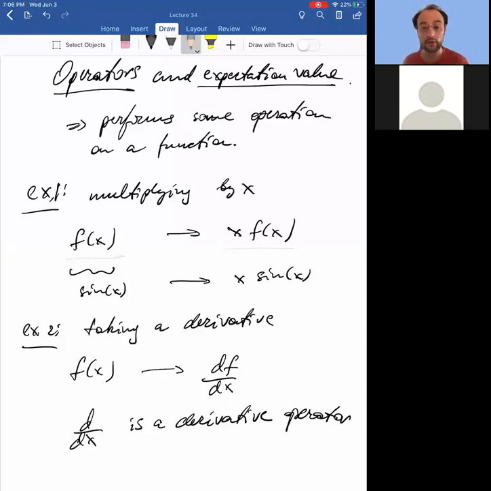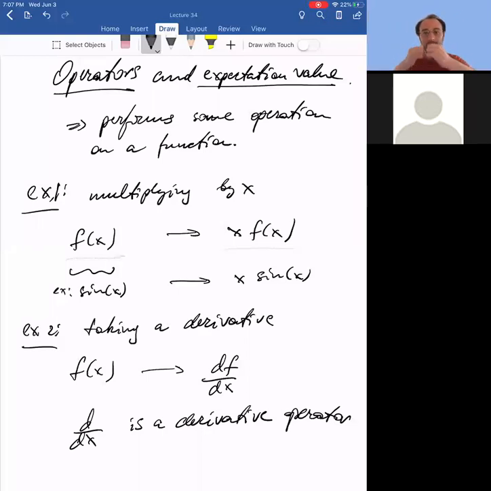That's a different function. So for example, if the function is sine of x, performing the operation of multiplying by x gives you x times sine of x. It's a different function. So you start with a function, you do something to it, you operate on it, and you get a different function back.